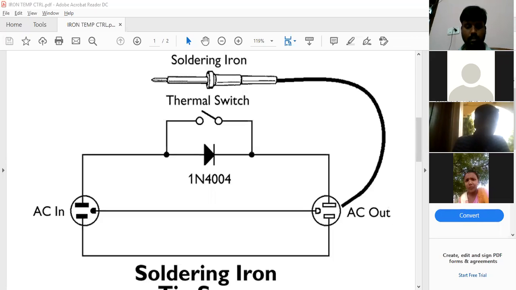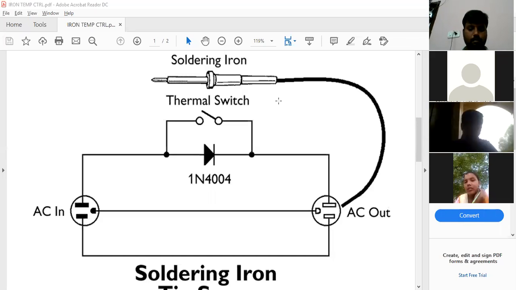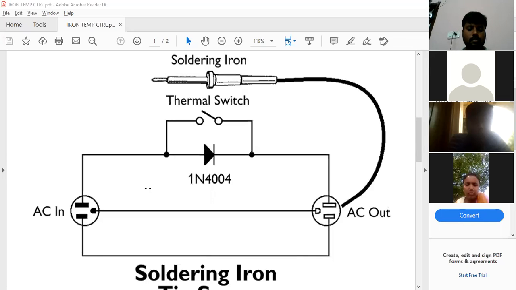Is this screen visible? It is the circuit showing the soldering iron tip protection. It is a simple circuit, the same as the incandescent dimming circuit which we discussed yesterday.